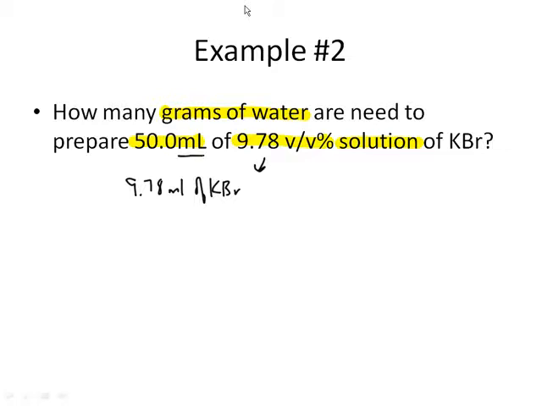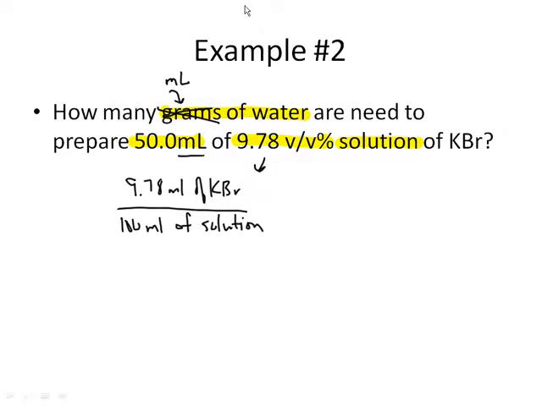Now, this says grams of water, and really what I meant was milliliters of water. So go ahead and cross that out. So 9.78 milliliters of KBr, going back to my percent here, is part of 100 milliliters of solution. So that's our unit conversion.